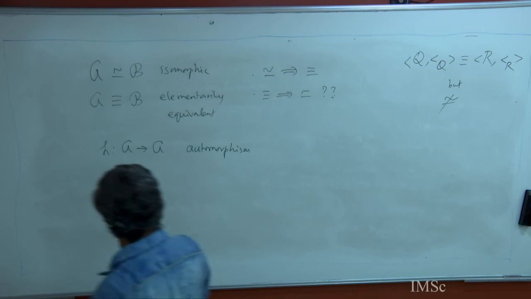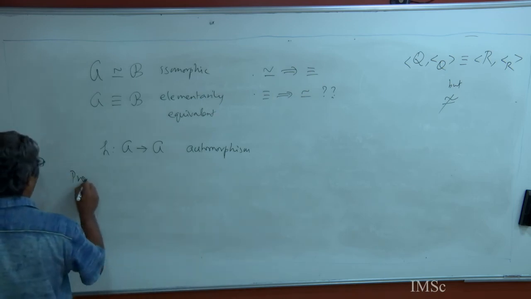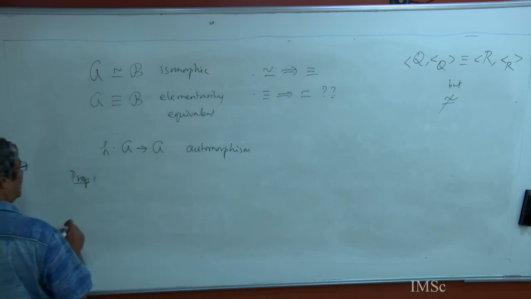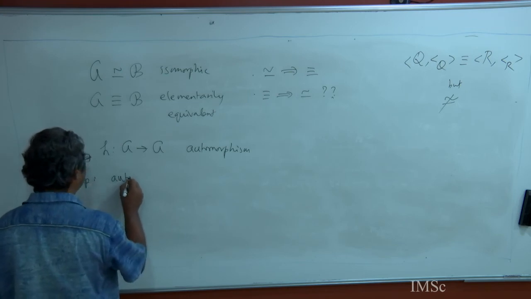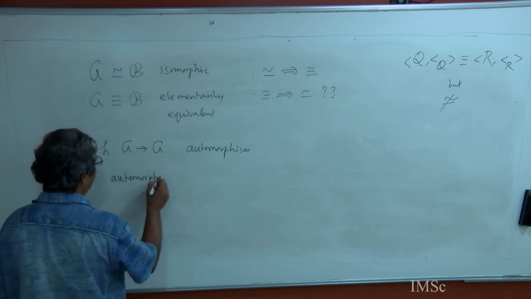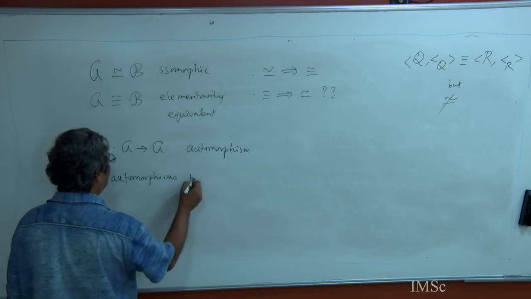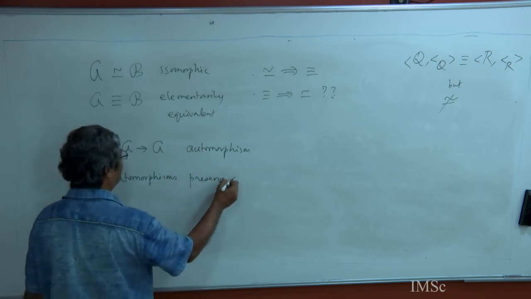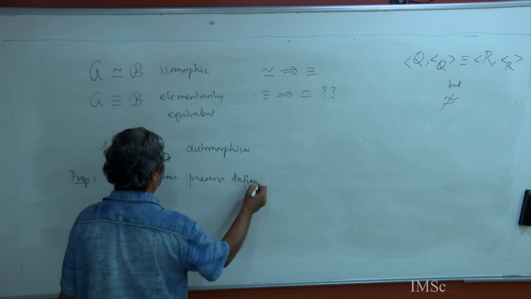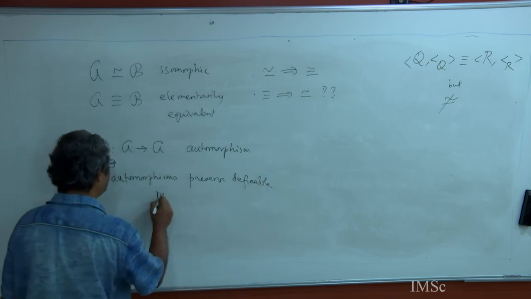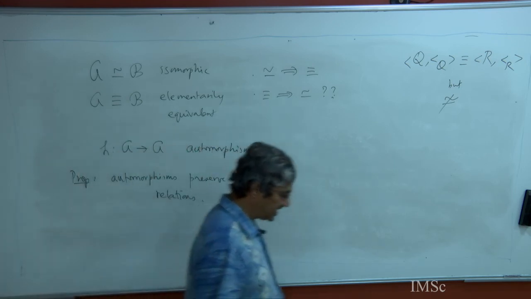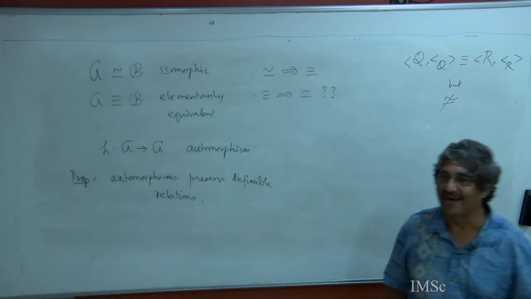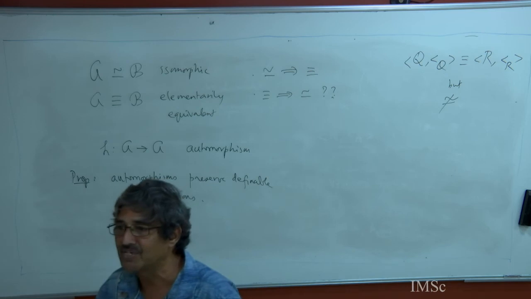And there's a fairly simple, very straightforward proposition, which is that automorphisms preserve definable relations. This is very important. If R is definable, that means what?